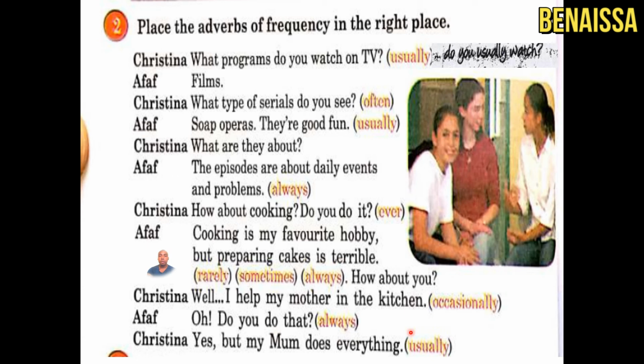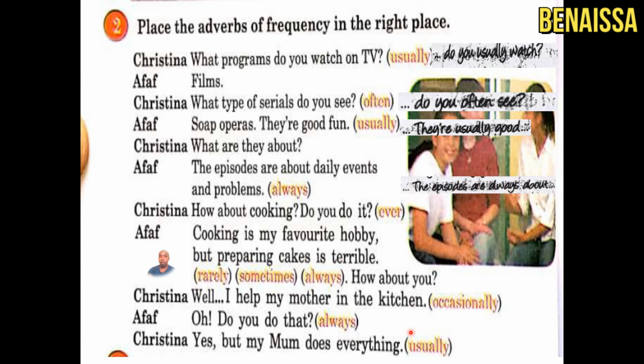Okay, first one: do you usually watch? Do you often see movies or film series? There are usually. The episodes are always. Do you ever watch TV, for example? I rarely do the acting.